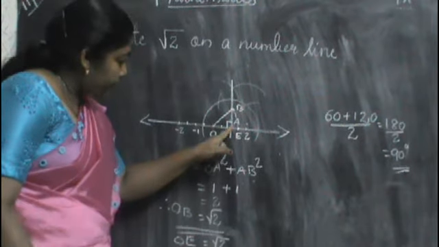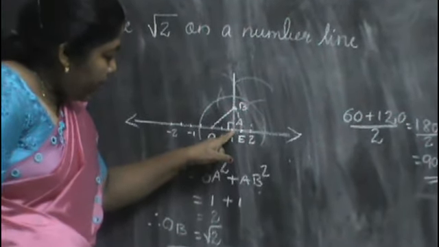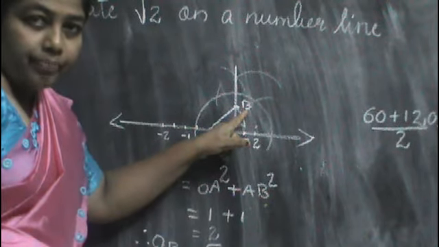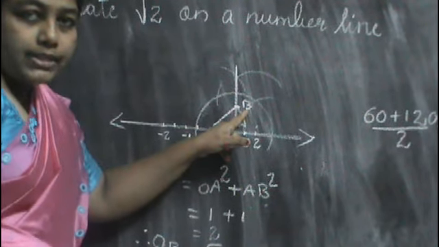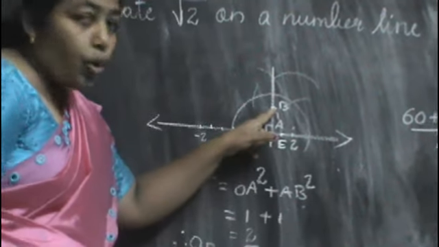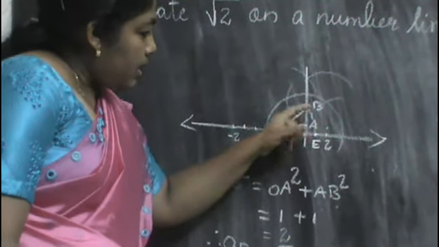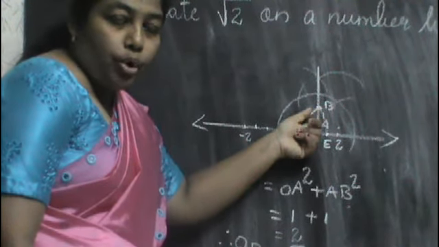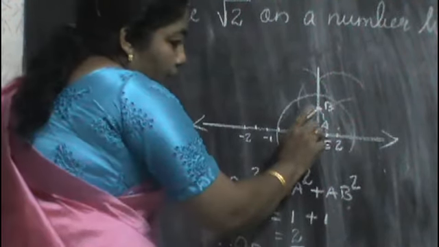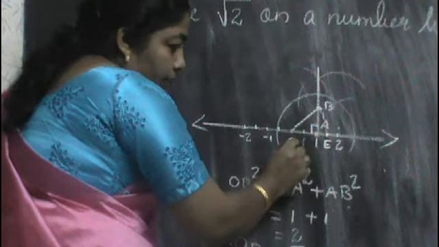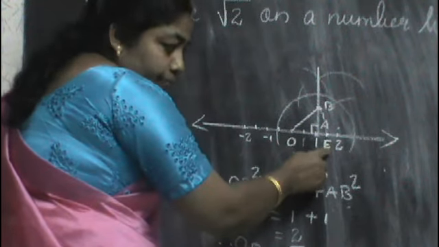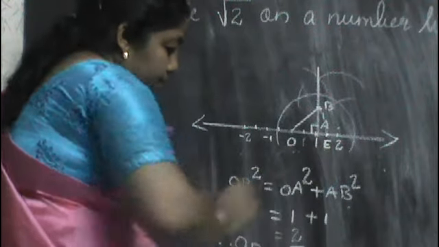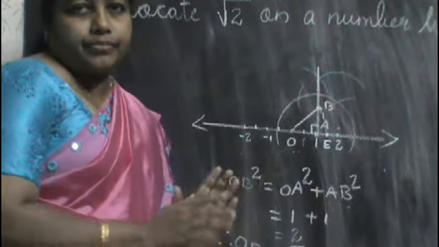Then step 3, from A take 1 centimeter and name it as B. Step 4, join OB. Step 5, measure OB and taking OB as radius, draw an arc on the number line and mark that point as E. Then step 6, OE represents root 2 on the number line.